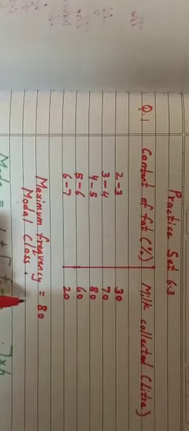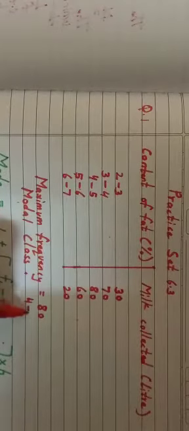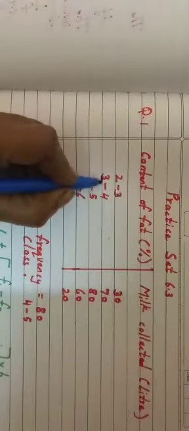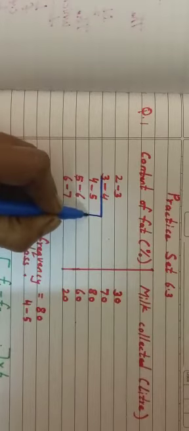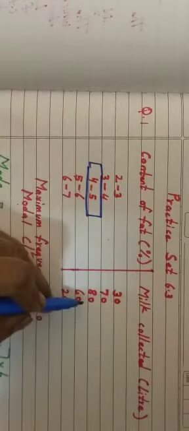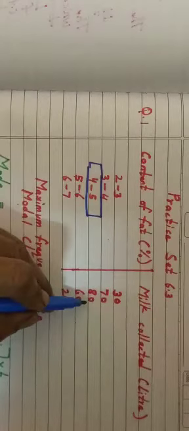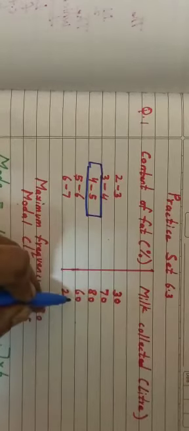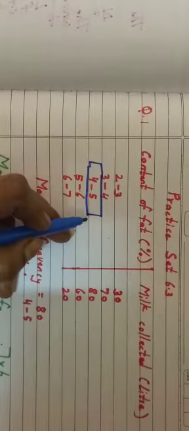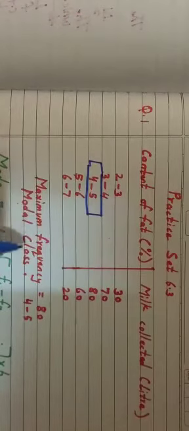So this is called as your modal class, 4 to 5. Why modal class? Because it is having maximum frequency. The class which contains highest frequency, that class is called as modal class.